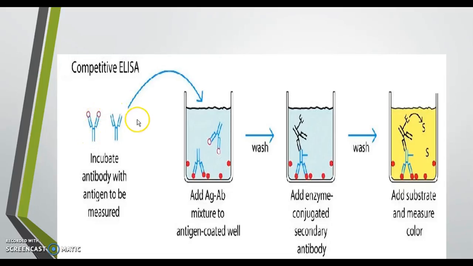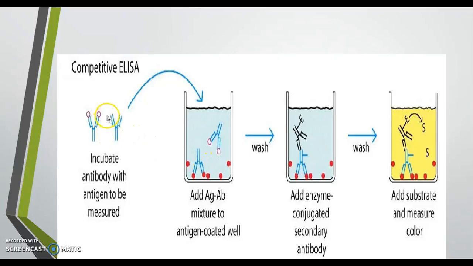Because of the high affinity of the antigen-antibody complex, it wouldn't be able to form another complex with the antigens found on the walls of the ELISA plate. As a result, after being washed off, it wouldn't be in the reaction anymore.